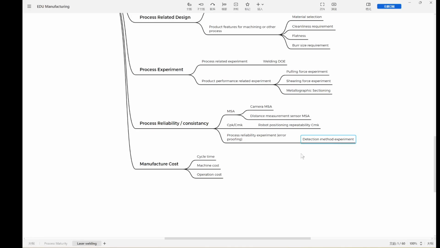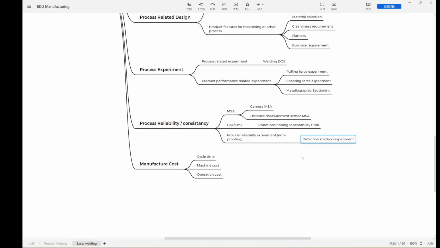For example, the splash, the copper bead, will be detected if there is one, either by camera or by human eye. You need to choose a method.